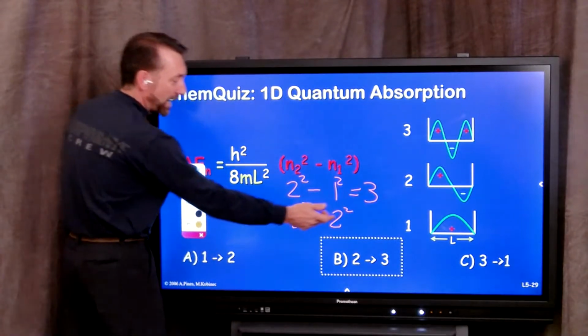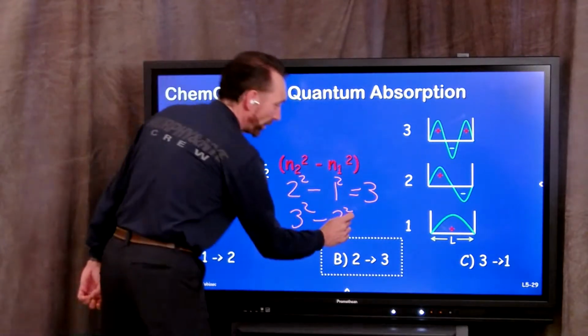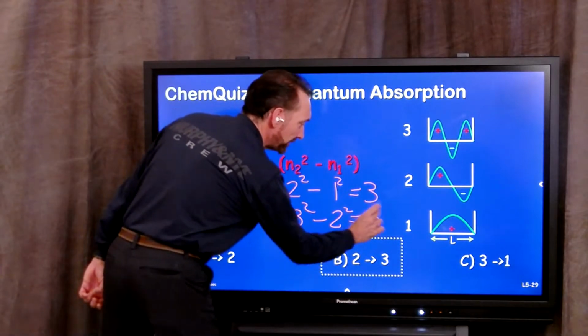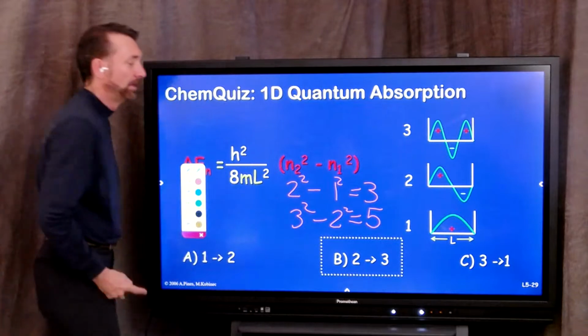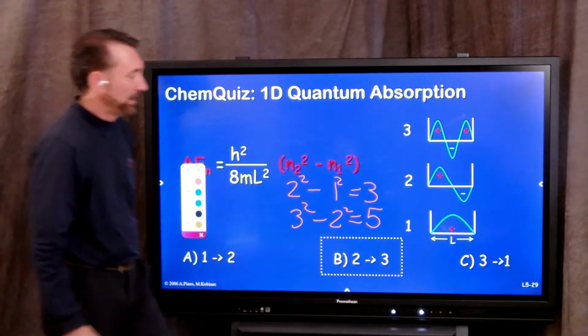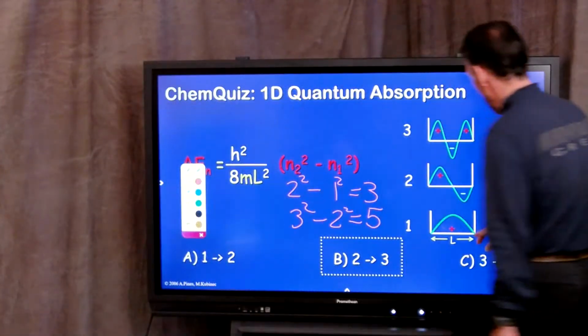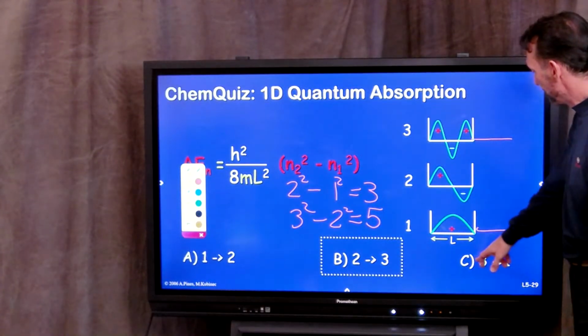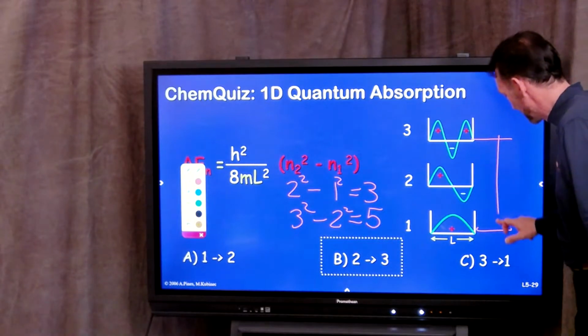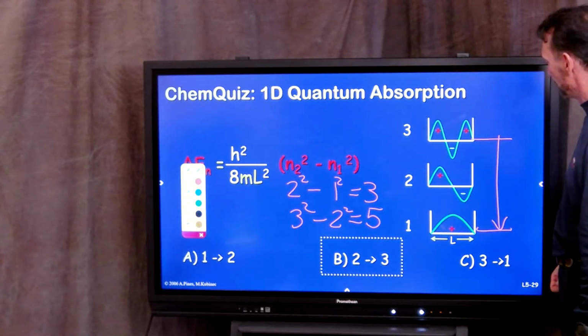Then I have 9 minus 4, which is 5 relative energy units. So that's a bigger absorption. C is a bigger energy split, but it's not an absorption, it's an emission. I'm going down in energy.